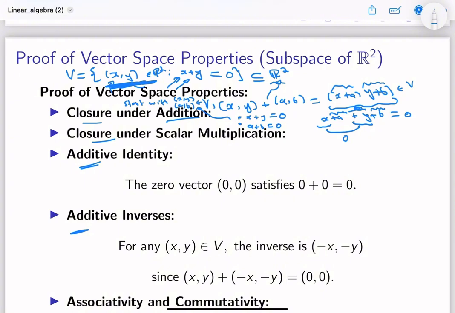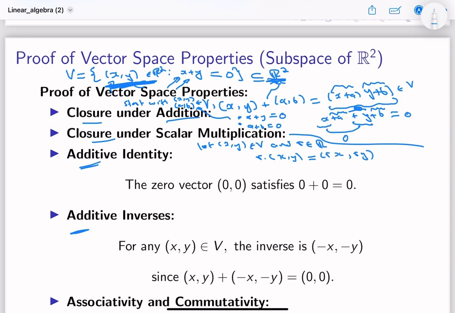Now, closure under multiplication. Let xy be in V and r be a real number. We're going to prove that r dot xy is also in V. Remember, since we're borrowing the scalar multiplication of R2, this is just element-wise, so this is rx, ry.